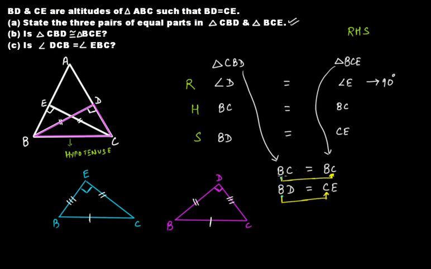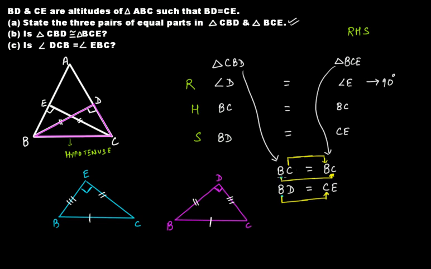That is, the vertex B of triangle CBD will cover vertex C of triangle BCE, and the vertex C of triangle CBD will cover the vertex B of triangle BCE.